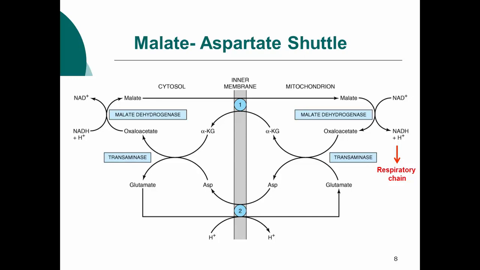So in some types of cells, if they have a malate aspartate shuttle, NADH produced in the cytosol can produce 3 ATPs. Does that make sense? Yes.